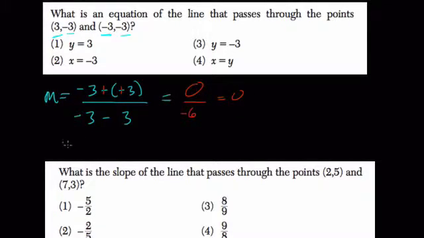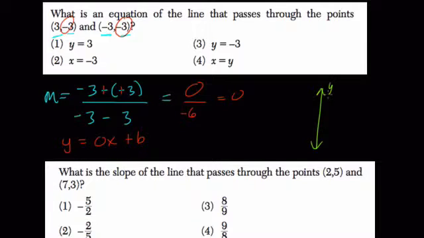When your slope is 0, y equals 0x plus something. We want to know what that something is. If the slope is equal to 0, the y-intercept, notice in both of these, is at negative 3, and it's the x values that are changing. So if the slope is 0 and you have a height of negative 3, you're always going to have a height of negative 3.